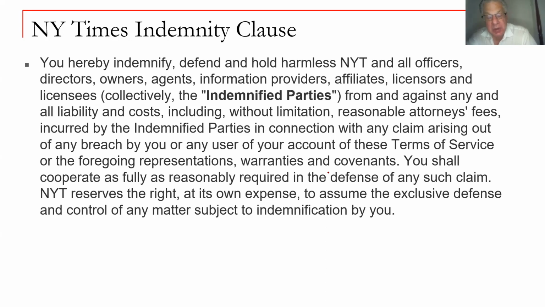So you can see an example of the clause, and it's a very broad one. You indemnify them for any claim of breach by you or any user of your account of these terms of service or foregoing representations, warranties, and covenants. And so if we, the New York Times, get in trouble for something you do and we have to pay for it, then you have to pay us the same amount.